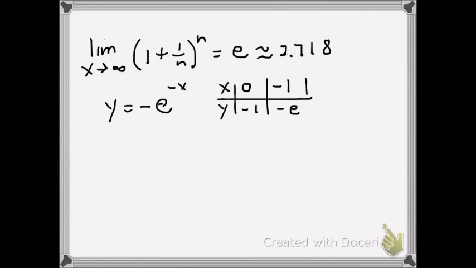And one more point, if x is equal to 1, we'll get minus e to the minus 1, which is minus 1 over e, or approximately minus 0.37.